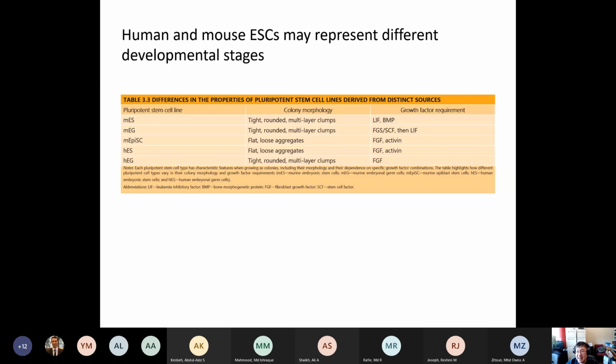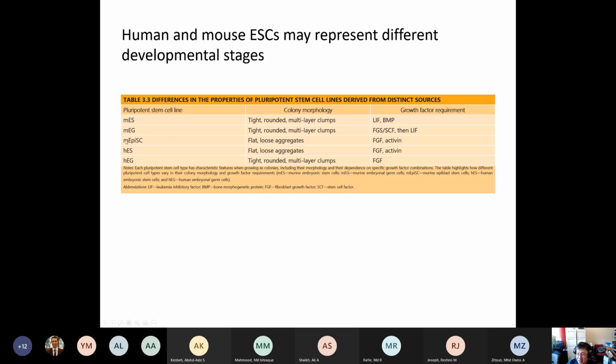Because the cells are multi-layered, you feel that the cells form a dome, okay? And in culture, you often supplement something like LIF or BMP. And mouse embryonic germ cells also look very similar to mouse embryonic stem cells. So the morphology looks similar, but the supplements are slightly different.